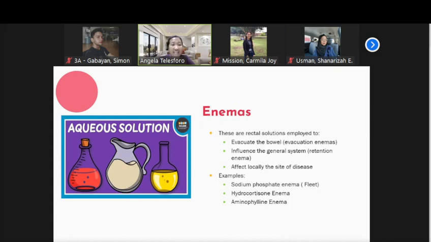Enema, so these are rectal. If douche is for the vagina, enemas are rectal. Usually, we give enemas to evacuate the bowel when the patient has not defecated. So we have evacuation enemas, or retention enemas to influence the general system, but this is administered through the rectum. Examples are sodium phosphate enema, hydrocortisone enema, aminophylline enema.